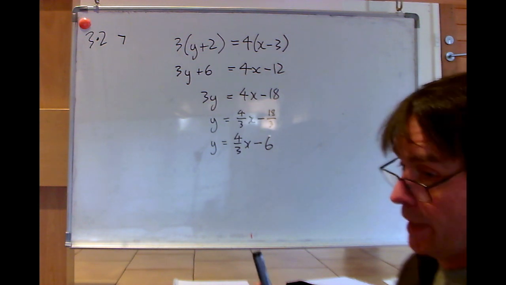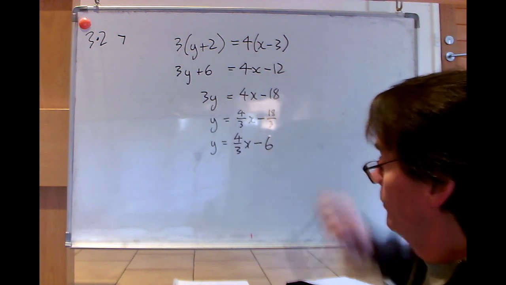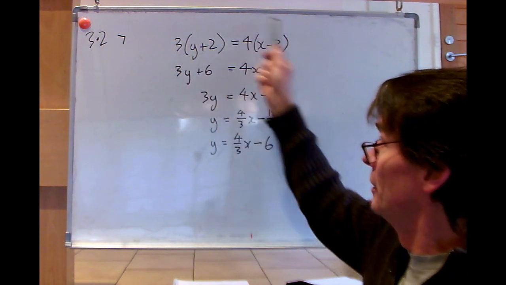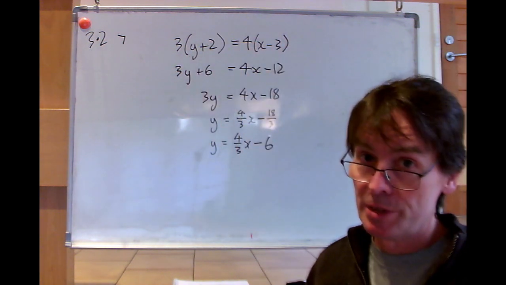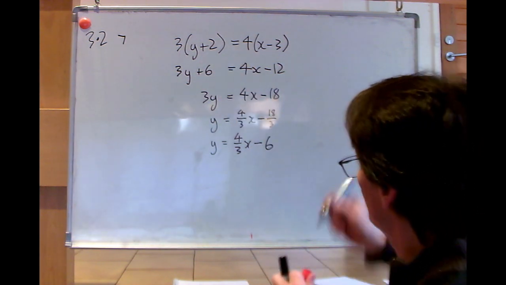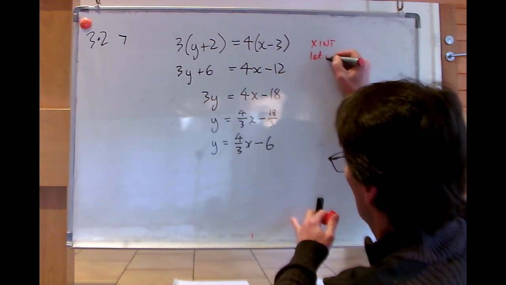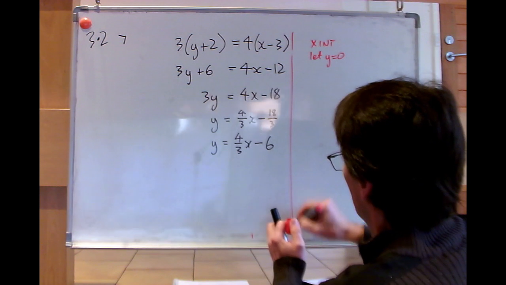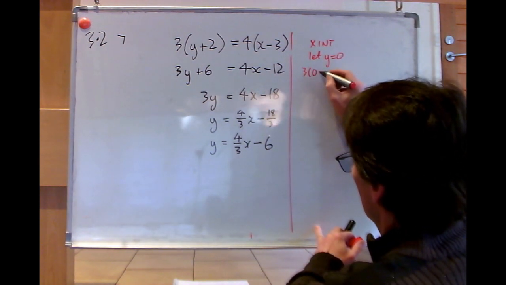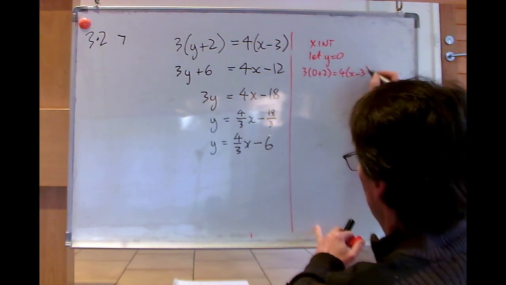If I want to figure out my x and y intercepts, don't forget, I can use any one of these equations. The safest one to use is this one, because I might have made a mistake in my algebra somewhere there. So I'm going to use this one back here to find my x and y intercept. So for x-intercept, I'm going to let y equal 0. So over here I'm going to have 3 outside of 0 plus 2 equals 4x minus 3.